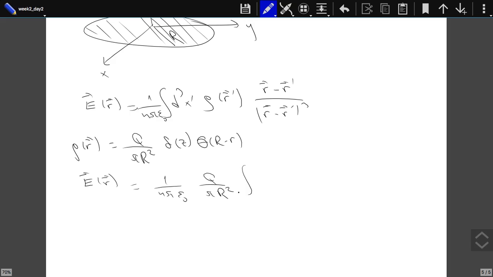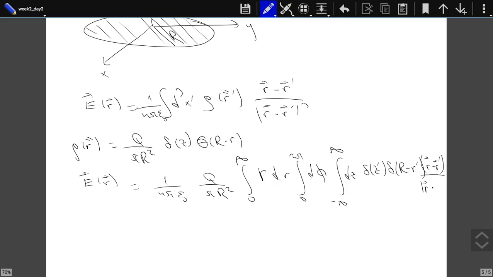In cylindrical coordinates, it would just become r prime dr prime from 0 to infinity, d phi prime from 0 to 2 pi, dz prime from minus infinity to infinity, Dirac delta of z prime, Dirac delta of r minus r prime divided by its magnitude cubed. No, not Dirac delta, it's this theta of R minus r prime.